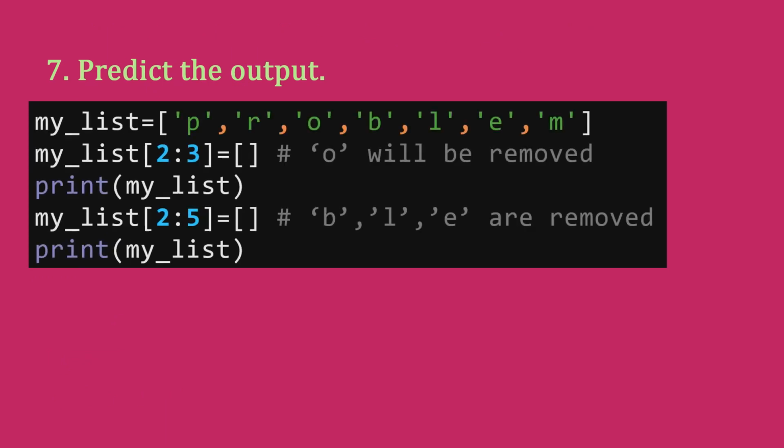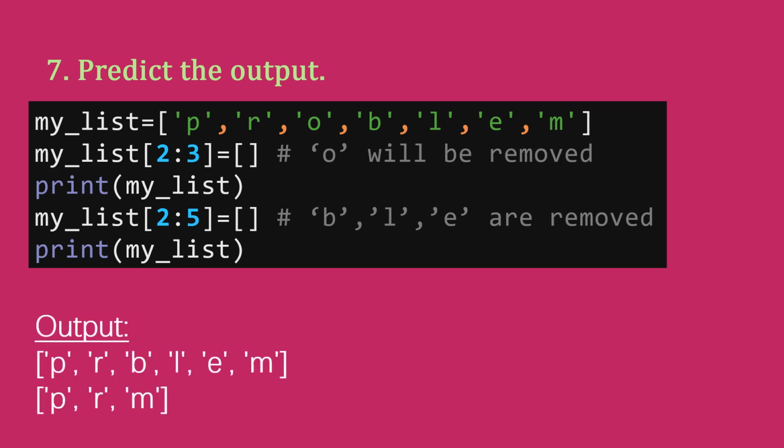Now predict the output of this code. My list is a list of strings, and the string is like this: PROBLEM. Now we are assigning my list of 2 to 3 as an empty list. That means the elements present at index number 2 to 3 will be removed. So only the item present at index number 2 will be removed, which is O. Now your list will become like this: PRBLEM.